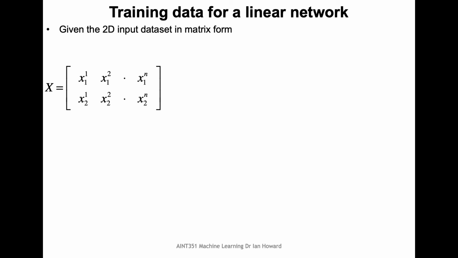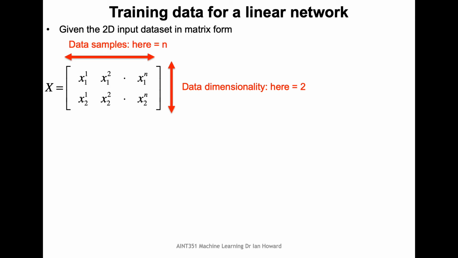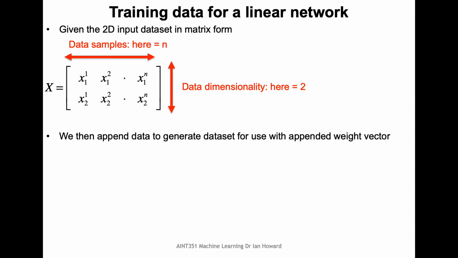So imagine we've got this example with two-dimensional data. Basically the rows are the dimensions of the data, and in this case we've got n data samples, so each column represents a data sample.